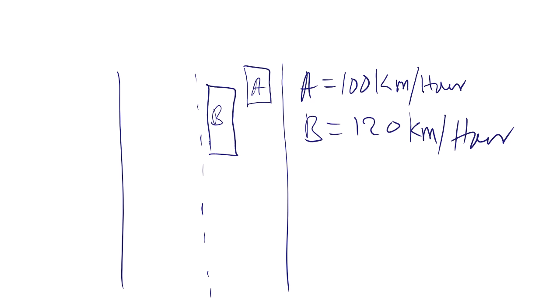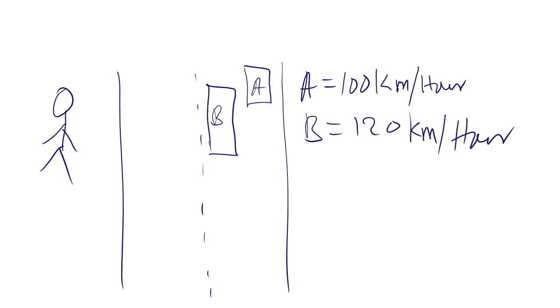But somebody standing on the ground will see car B moving at 120 kilometers per hour, while somebody in car A sees car B moving at 20 kilometers per hour. This is very important for you to understand.